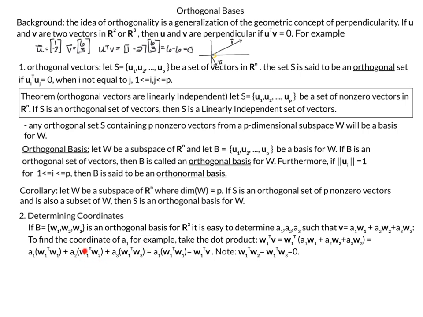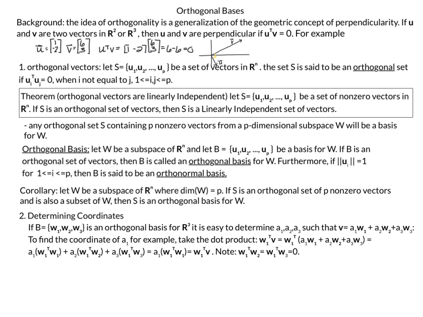Well, w1 transpose w2 and w1 transpose w3 are going to be equal to 0 because w1, w2, and w3 are orthogonal. Whenever the indices are different, this is 1 and 2 and this is 1 and 3, you're always going to get 0. So these disappear. What you're left with is a1 w1 transpose w1 is equal to the left-hand side of this equation, w1 transpose v.